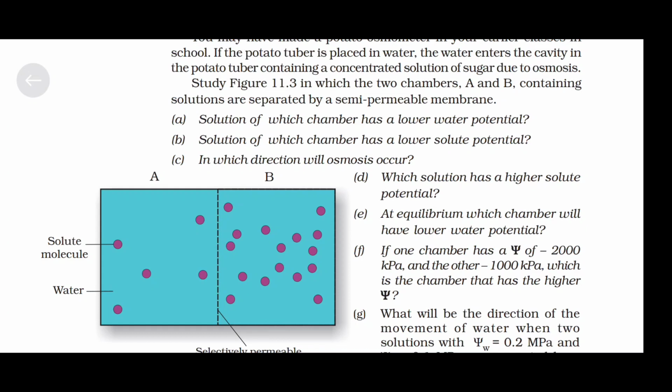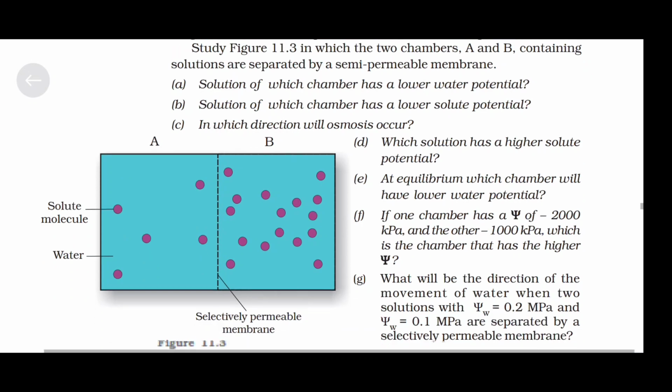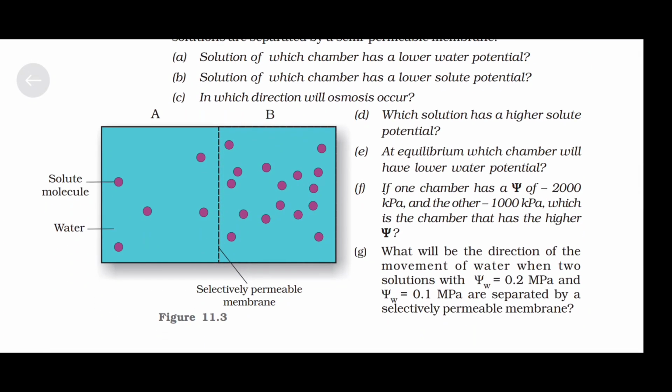Solution of which chamber has a lower water potential? Solution of which chamber has a lower solute potential? In which direction will osmosis occur? Which solution has a higher solute potential? At equilibrium, which chamber will have lower water potential? If one chamber has a psi of 2000 kilopascal and the other 1000 kilopascal, which is the chamber that has the higher psi?